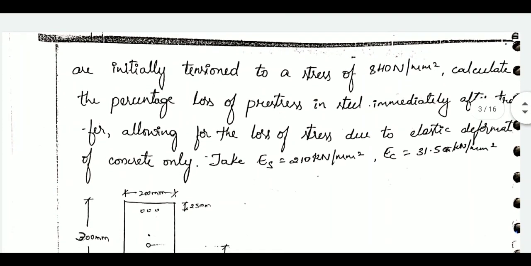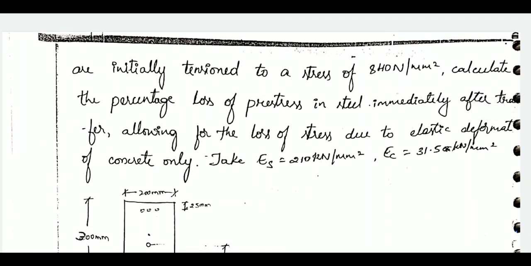If wires are initially tensioned to a stress of 840 Newton per mm square, calculate the percentage loss of pre-stress in steel immediately after transfer, allowing for the loss of stress due to elastic deformation of concrete only. Take ES 210 kilonewton per mm square and EC 31.5 kilonewton per mm square.